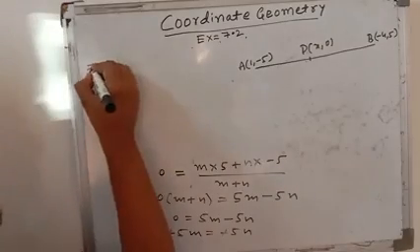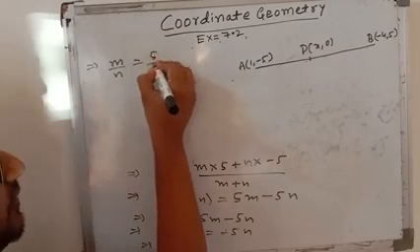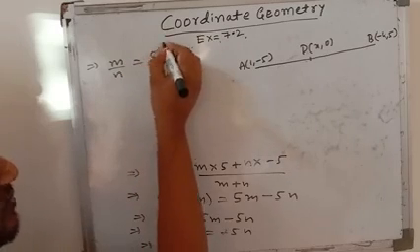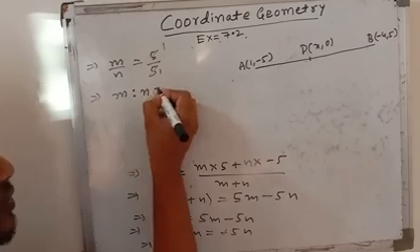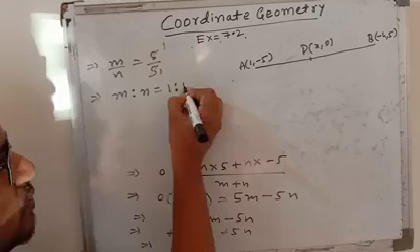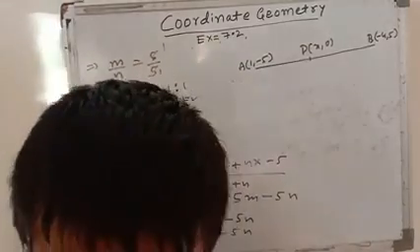This means m by n equals 5 by 5, that is 1. So m is to n equals 1 is to 1. So the ratio is 1 is to 1.